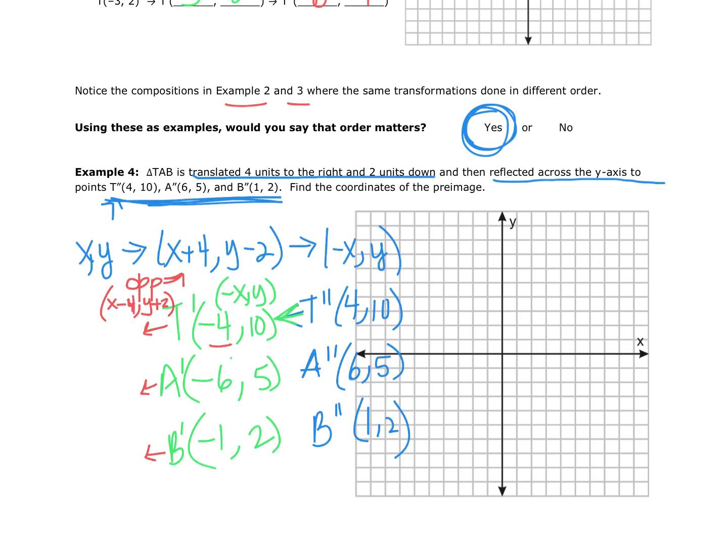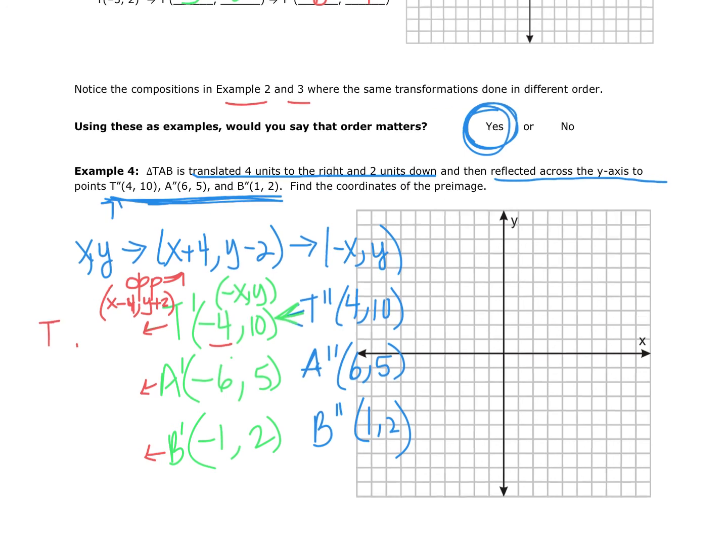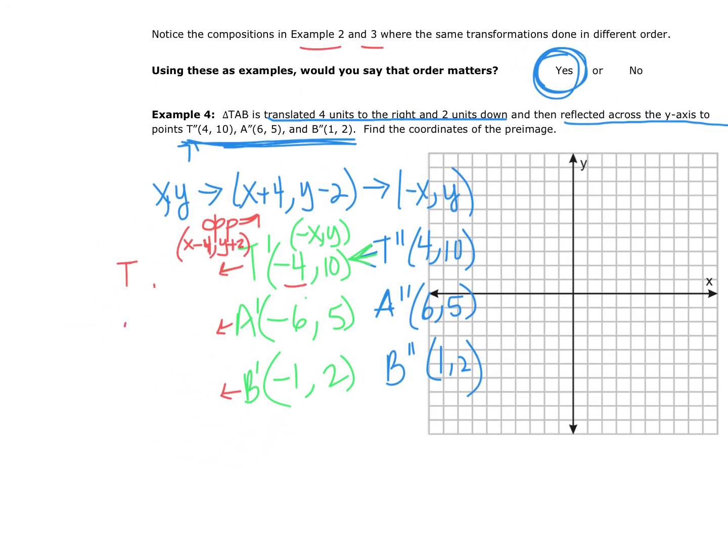Okay, so our original T, let me move this over. So A and our B are going to be, so negative 4 minus 4 is negative 8.